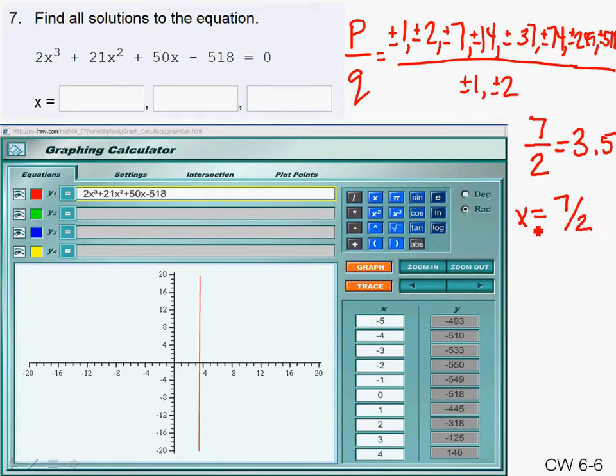Now that we know that one root is 7 over 2, working backwards we can try to find what the factor is. Multiply both sides by 2 and we get 2x equals 7. Subtract 7 from each side and we get 2x minus 7 equals 0. So this is one of our factors. We're now going to take this factor, 2x minus 7, and divide it into the original polynomial to find our other factor.